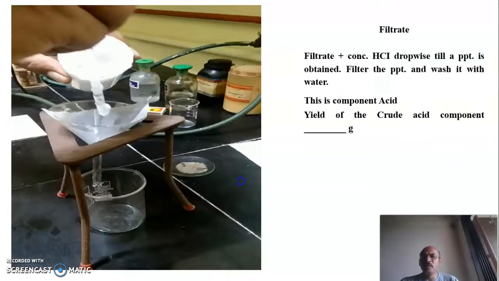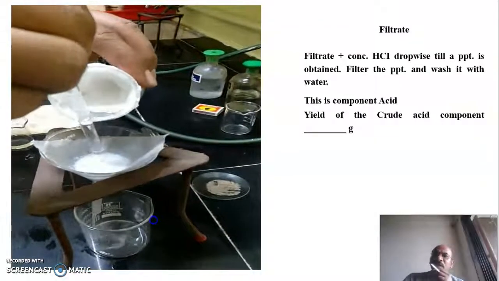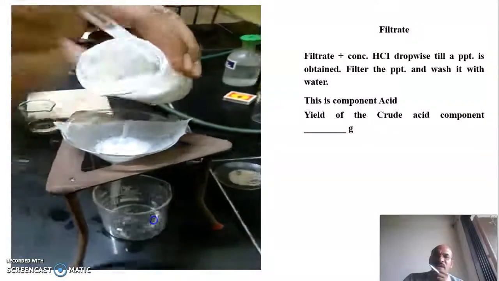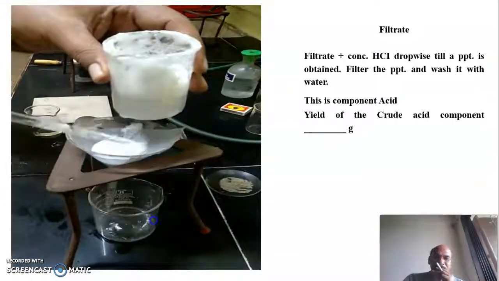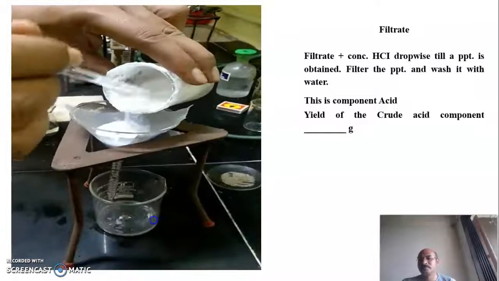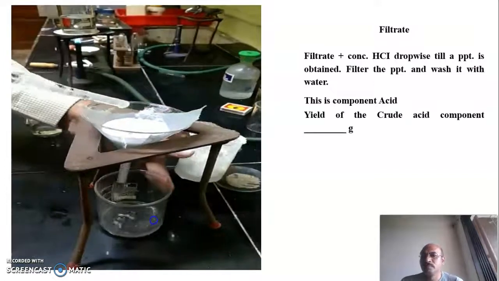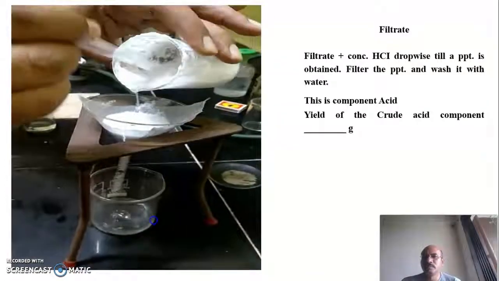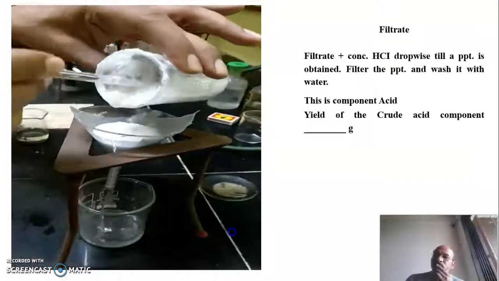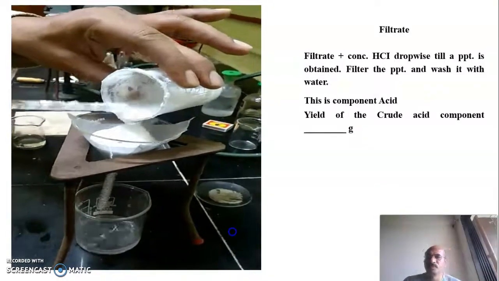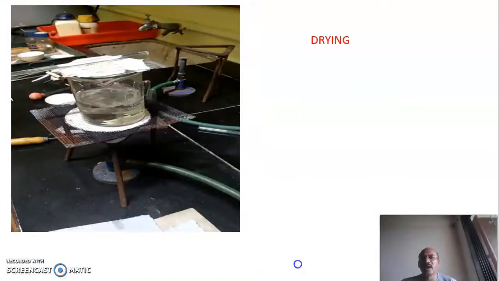Then we have to again proceed for filtration. During filtration, that acid will be there as a residue, which we are taking out from the filtrate by regenerating. Then we have to go for drying of this component.